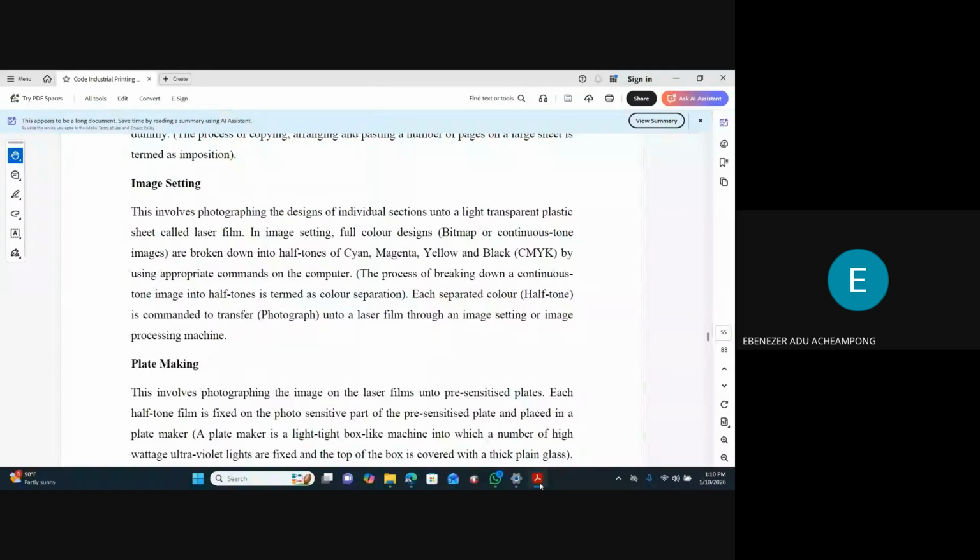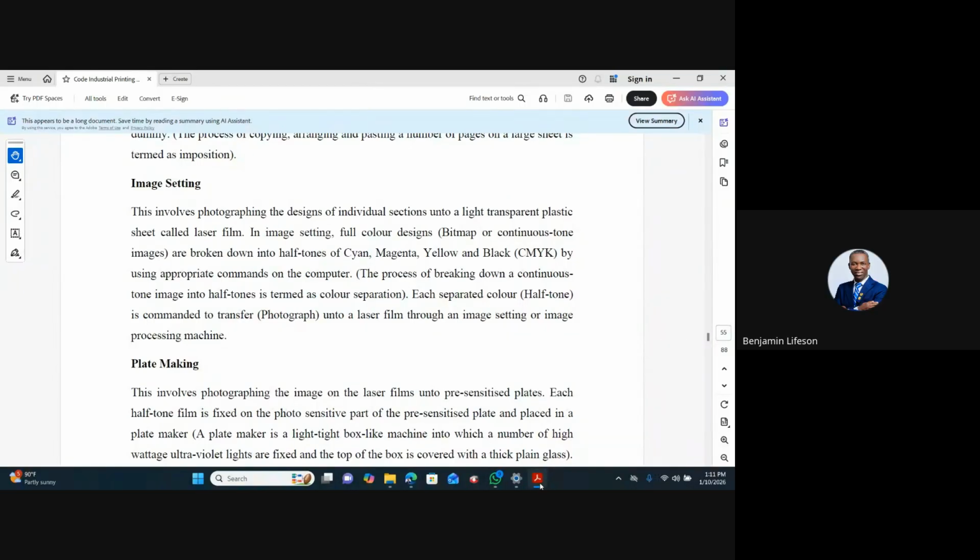The process of breaking down a continuous tone image into halftones is termed as color separation. Each separated color, that's halftone, is commanded into transfer, that's photograph, onto a laser film through an image setting or image processing machine.